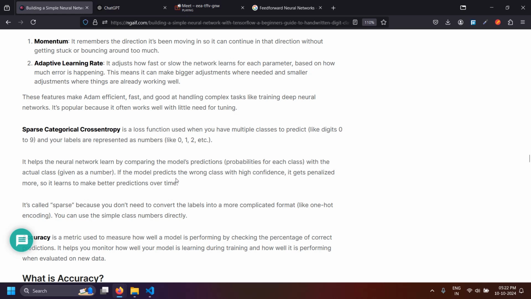If the model predicts the wrong class with high confidence, it gets penalized more. So remember this word, penalized. While training, if it gives wrong output internally, it will be penalized. Why? So it learns to make better predictions over time.